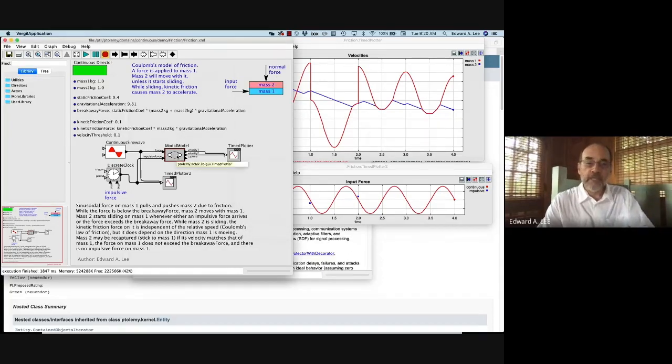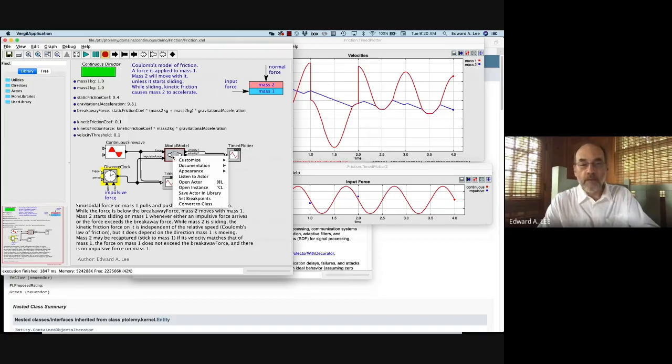And this is actually constructed by combining models of computation. The director here is the continuous director, so it's doing continuous time modeling. The impulsive forces are being generated as discrete events by this discrete clock.